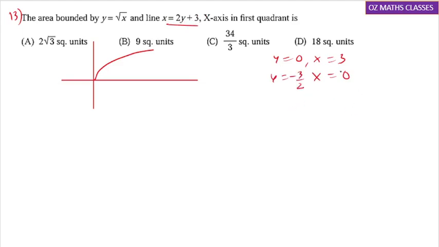So plot these points: 3 comma 0, and 0 comma minus 3 by 2. I am taking this as a 3 because this curve will be larger.